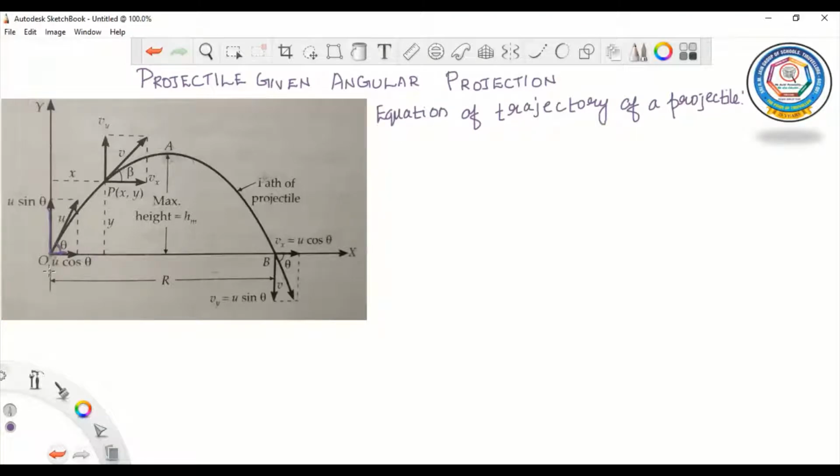Now let us consider when the body reaches this point P after time t.